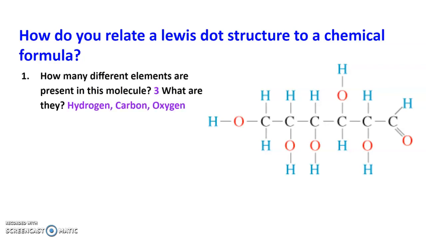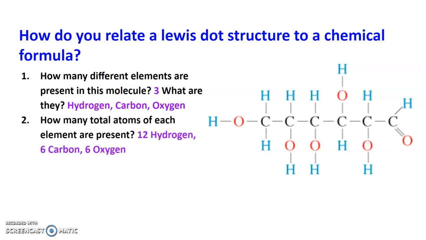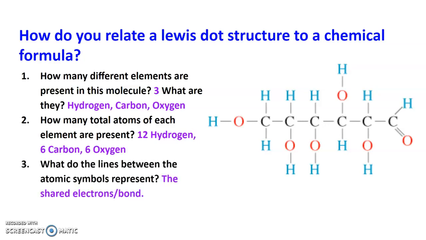So, we have 3 different elements, hydrogen, carbon, and oxygen. There are 12 hydrogen, if you count them up, 6 carbon, and 6 oxygen. The lines between each of these symbols represent a shared bond and shared electrons.